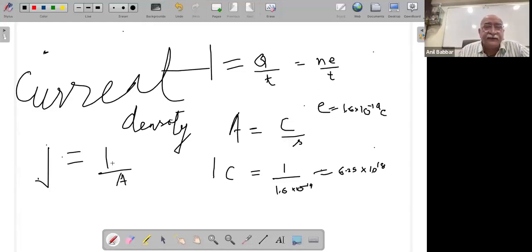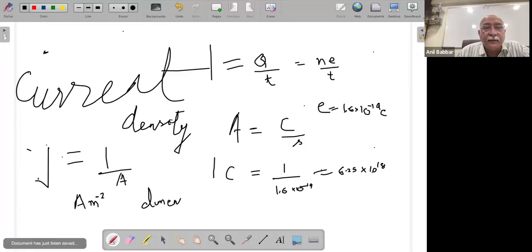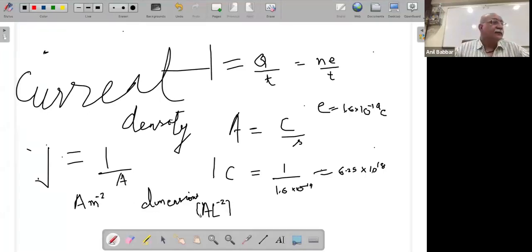The SI unit of current density is ampere per meter square, and its dimensions are A L raised to power minus 2. These are the dimensions, right?